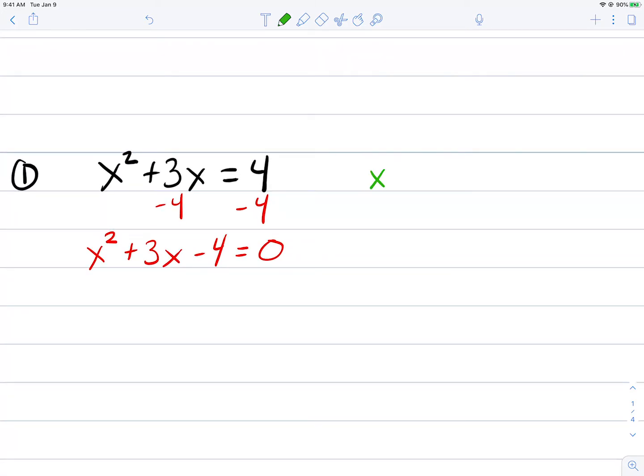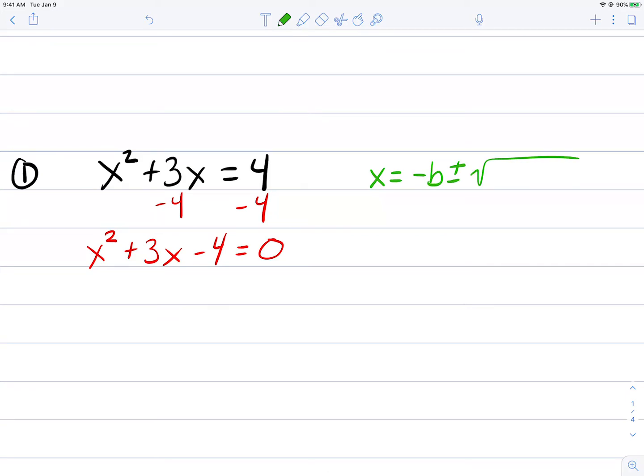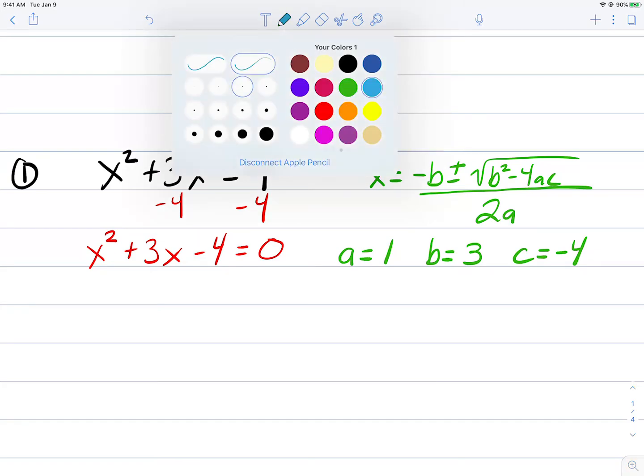So our quadratic formula, x equals negative b plus or minus the square root of b squared minus 4ac all over 2a. So if we look at our equation, a is the coefficient of x squared, so that's a 1. Remember, if there's no number, it's a 1. B is the coefficient of x, so it's a 3. And c is the constant, so it's a negative 4. Don't lose your negatives.